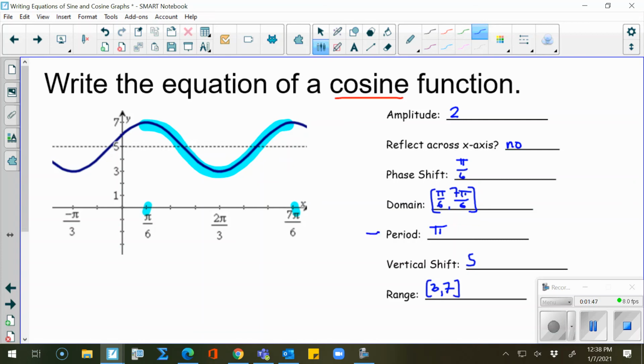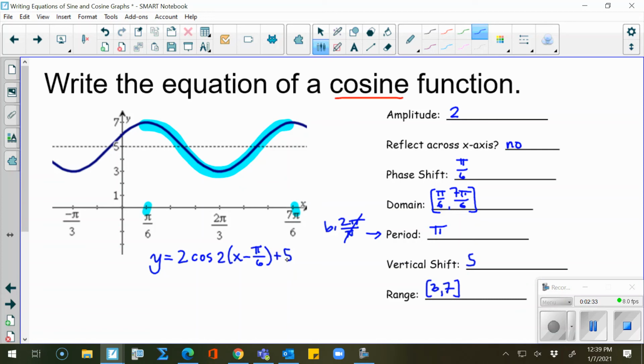To find my b value, I would always take 2 pi and divide by the period. That's the coefficient I'll put in my equation for this phase. And that equation would be y equals not reflected, so do not put a negative, amplitude of 2 cosine, b value is 2, parentheses, x minus the phase shift, use x for radians, plus the vertical shift.